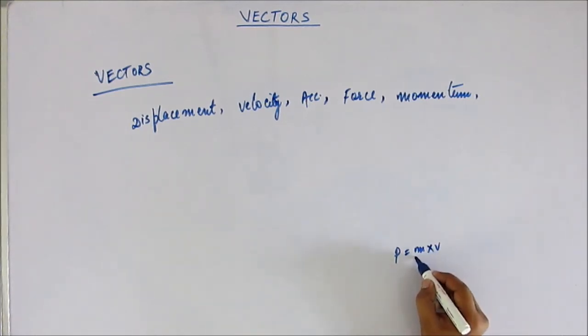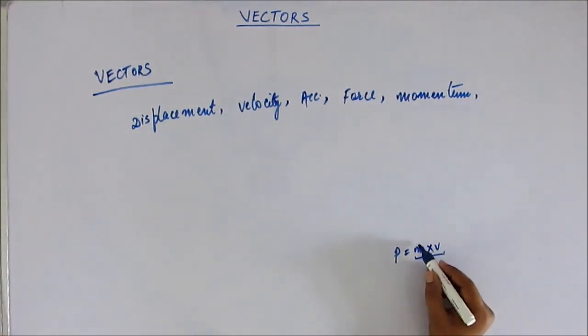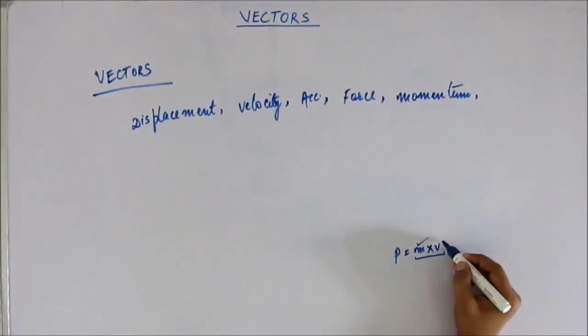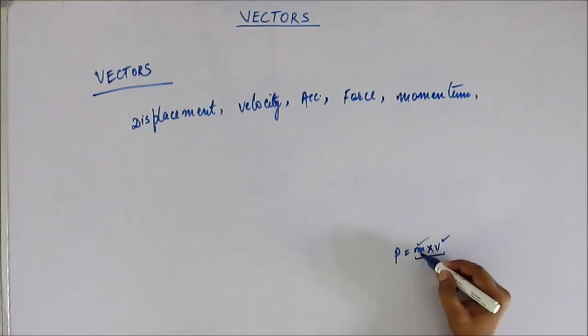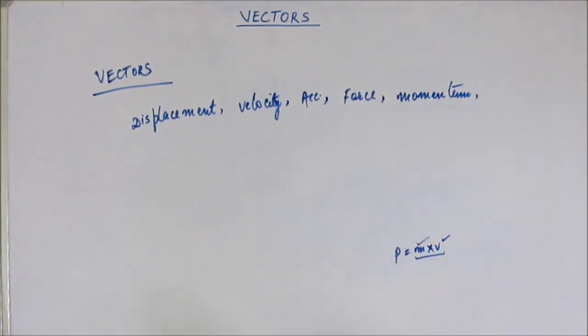When we define a physical quantity as the product of two physical quantities, mass is a scalar and velocity is a vector. A scalar multiplied by a vector is always a vector. So velocity being a vector makes momentum a vector quantity.